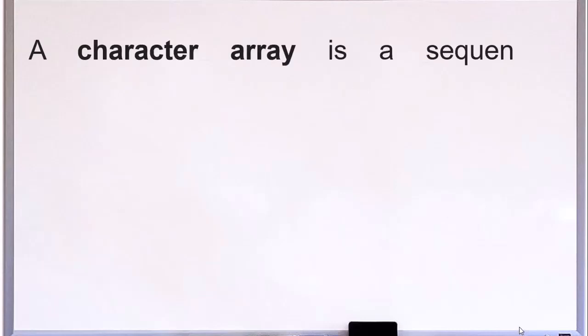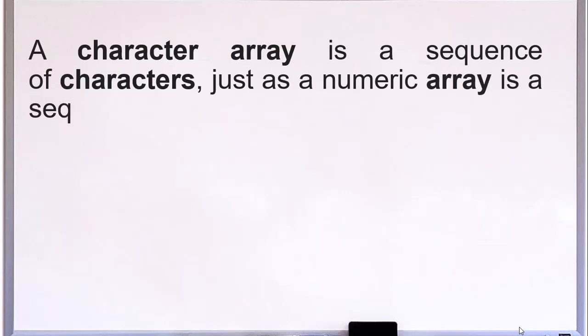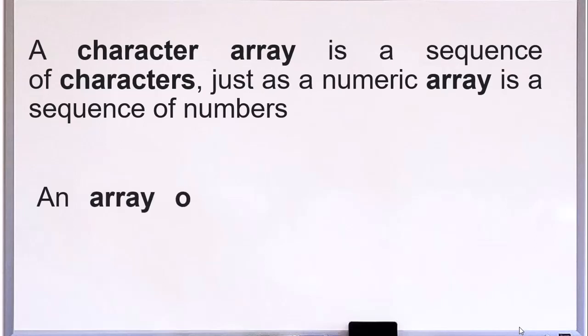So we can differentiate the two like this: a character array is a sequence of characters, right? Just as the numeric array is a sequence of numbers, as we have seen, isn't it? So a character array is nothing but a sequence of characters.